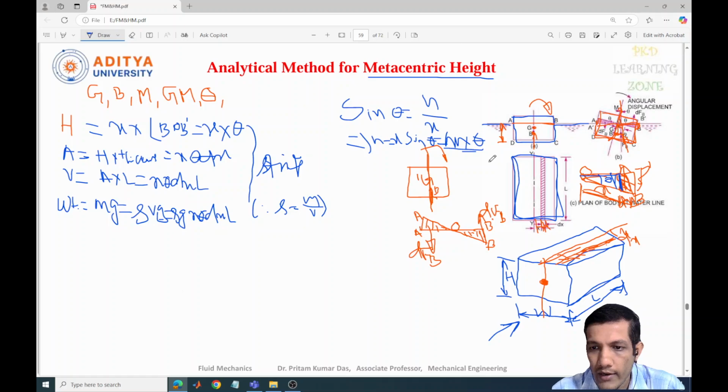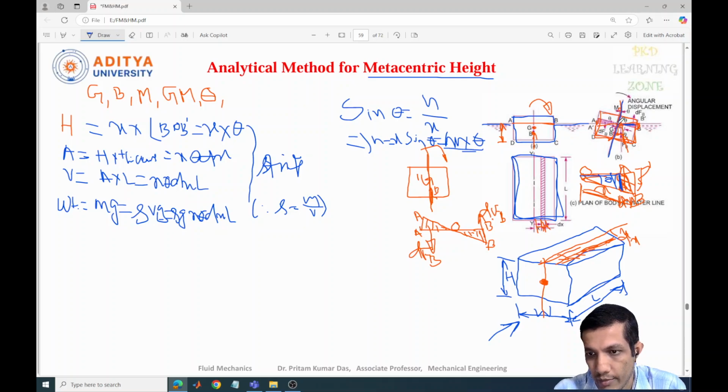Now the strip that I have taken is for the right side of this axis line, correct. Now same thing, if I take a small strip of thickness dx at a distance of x towards the left side of this axis line. The strip I have taken here is on the right side.